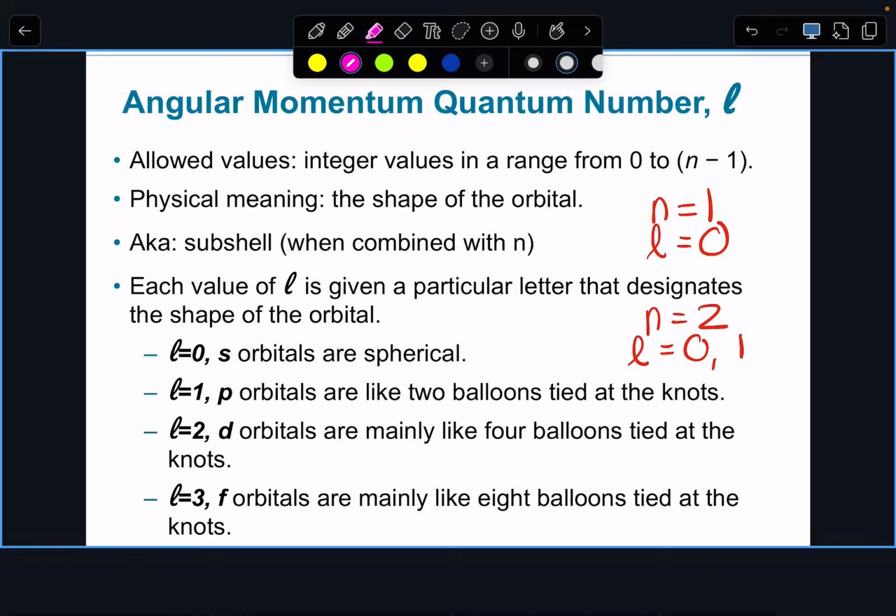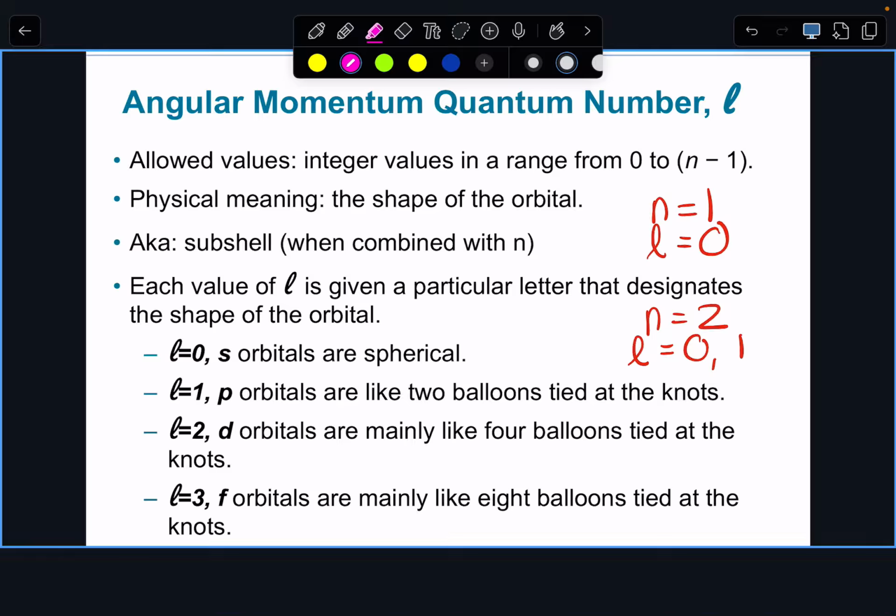If you were to say 20, do I mean 20 or do I mean 20? So we give letter designations to the L so that we can quickly describe the n and the L without getting confused. Is the 0 the L value or is the 0 part of the n value?